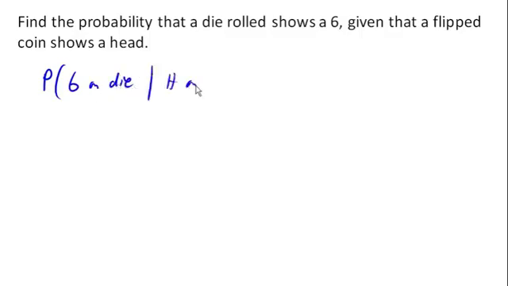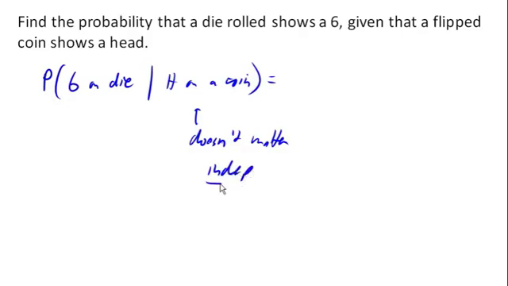Now, in this case, we need to ask ourselves, are these two events independent? And the answer is yes. So in this particular case, the condition doesn't matter. Why doesn't it matter? Because these are independent events. So the probability of rolling a 6 on a die is the same as always. It is 1 out of 6.